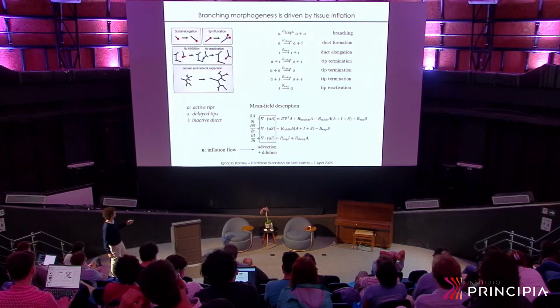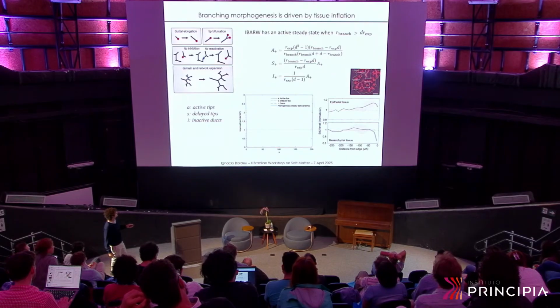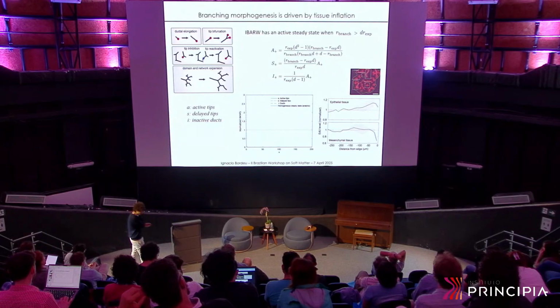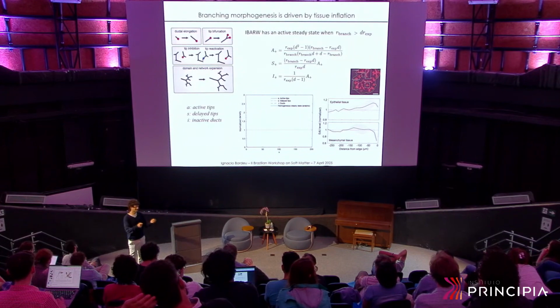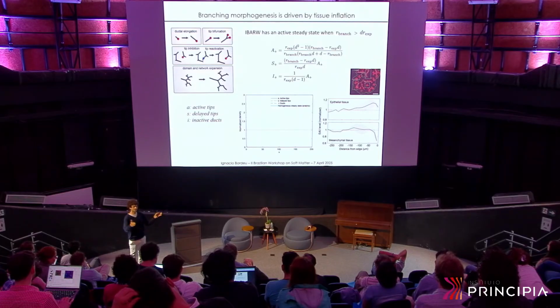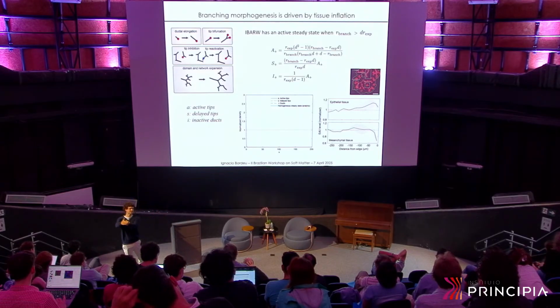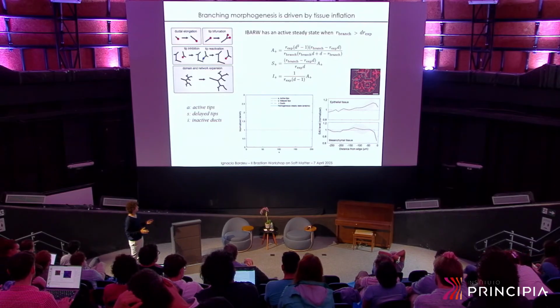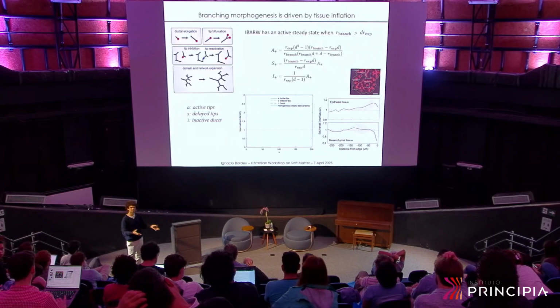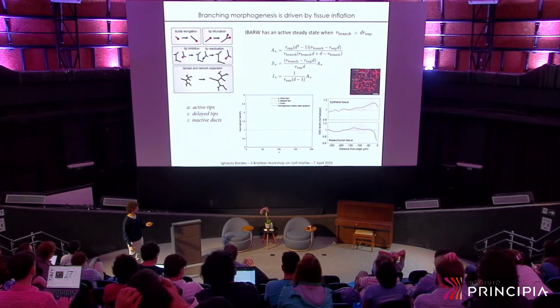So the good thing about inflation or this expansion of the system is that it introduces new stationary states in the system. So previously I said the only stationary state is of course the dead system, but if I let the system evolve in an infinite system, then we only have a pulse of active tips at the periphery, but all the bulk is dead. But here, because we have inflation, even bulk can continue its activity.